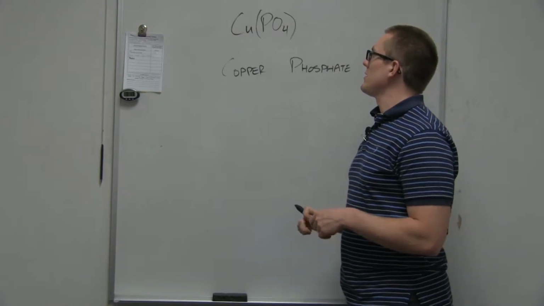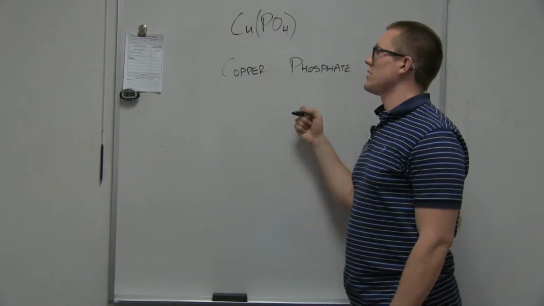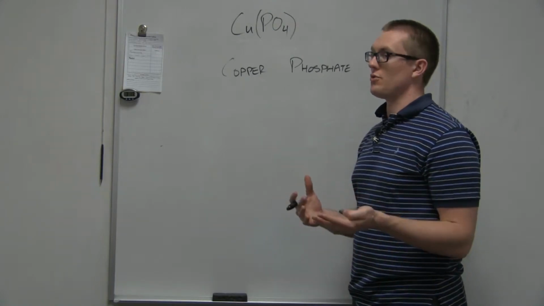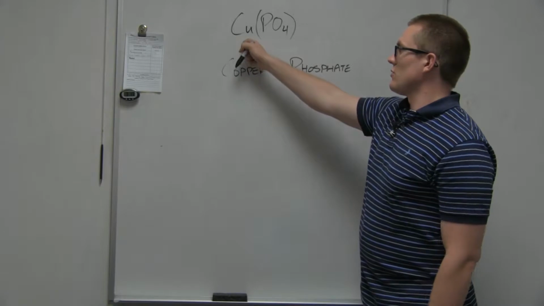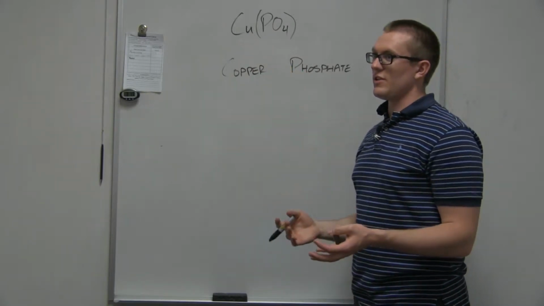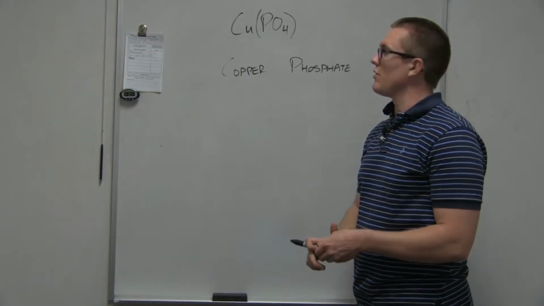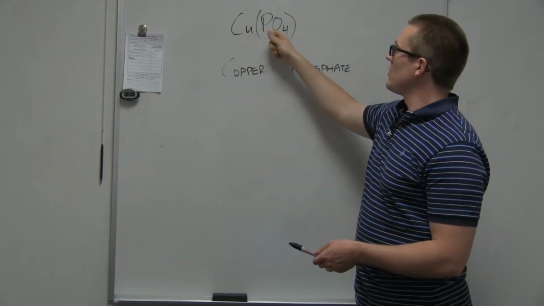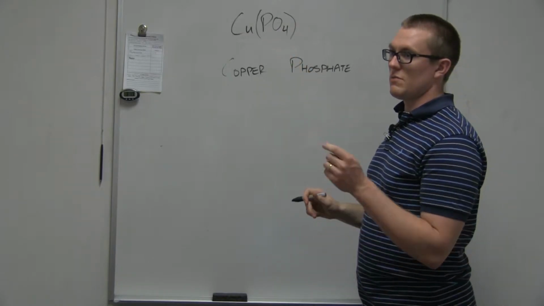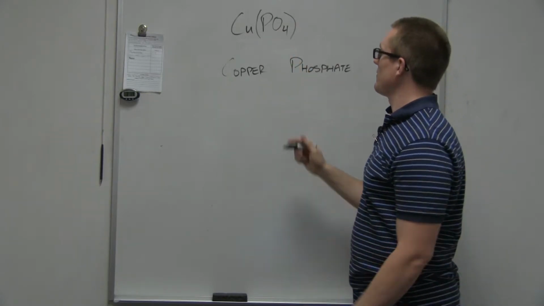After I look for the polyatomic ions, the next thing I would do is label any charges that are known to us. We know copper is a transition metal, so it can change. We don't have a set value for copper, but do we have a set value for phosphate? Yeah, it's minus 2.